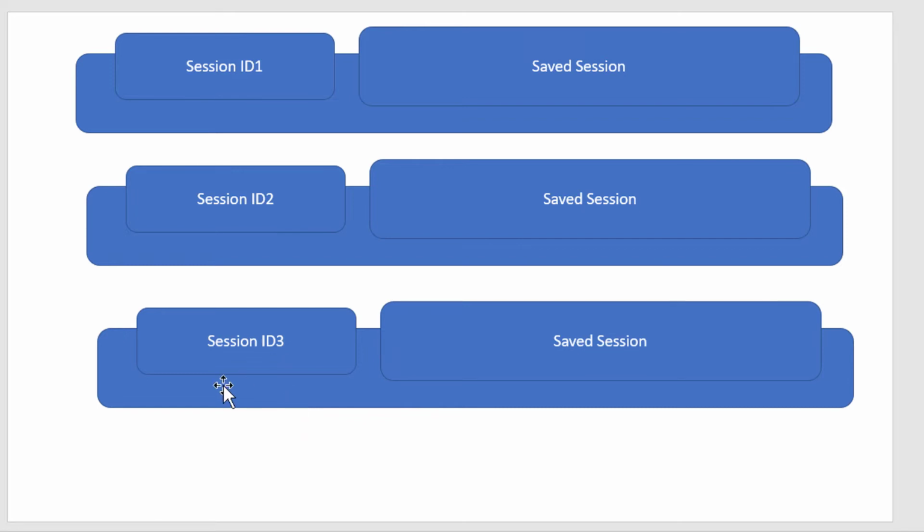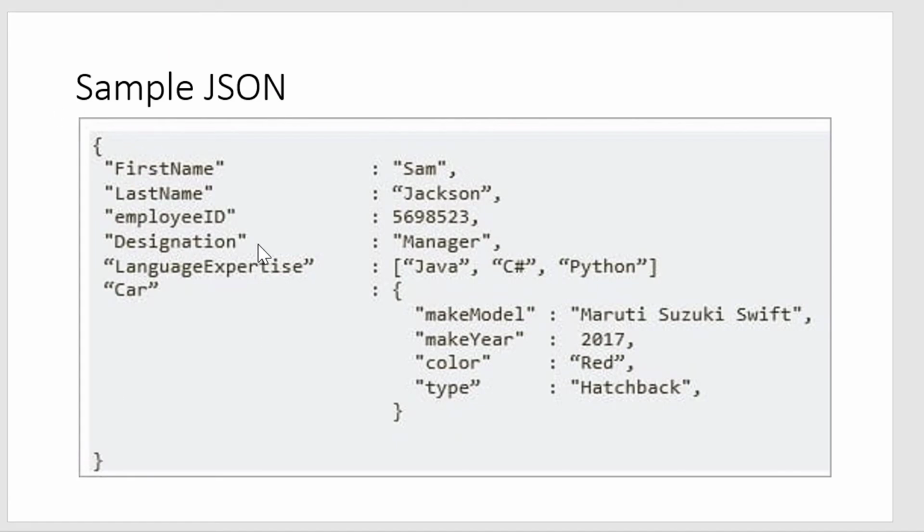The next type of database that we are going to discuss is the document database, where the record will be stored as a JSON document. Let us see an example of a JSON document. When I say JSON, JavaScript Object Notation, it is used to represent any complex document or record. In this case, I have first name, last name, employee ID, designation.